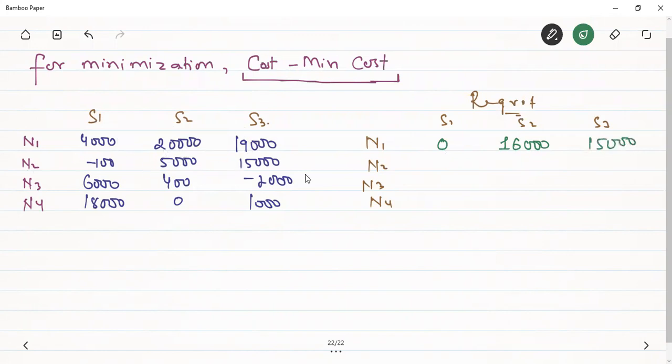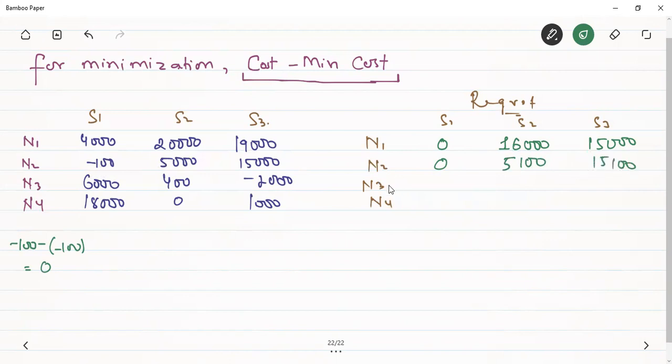Similarly, for the second state of nature, the minimum cost is minus 100. Cost minus minimum cost: 100 minus minus 100 will be equal to 0. Then 5,000 minus minus 100 will be equal to 5,100, and finally 15,100.